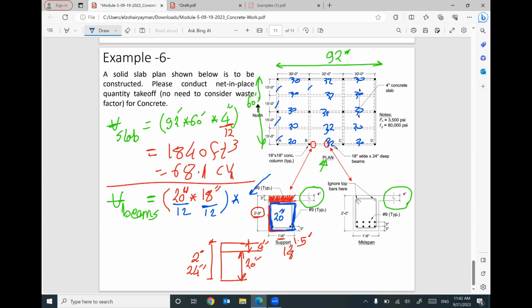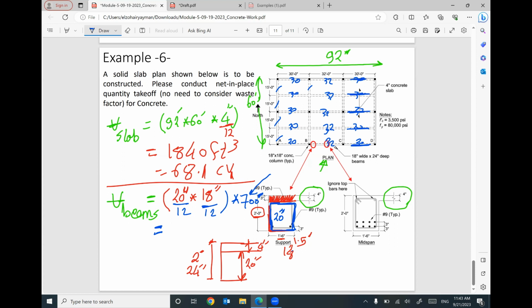This is the total length, 60. Repeated 1, 2, 3, 4 times, plus 30 repeated how many? 2, 4, 5, 10 times, plus 32 repeated how many? 5 times. So the total length of the beams is 700 feet. If you have any comment, let me know. The total lengths of these beams, this one plus this one plus this one and so on, equals 700 feet.